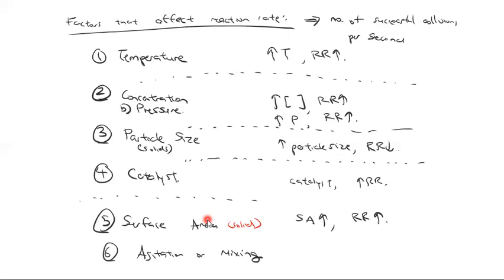But when we are talking about particle size, are we talking about surface area or something else? So you have it the wrong way around. The smaller the particle size, the bigger the total surface area. Have a think about it. Okay. What about agitation or mixing? Goes up. Yeah.